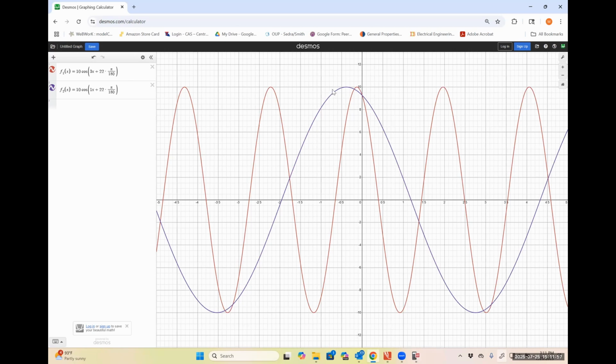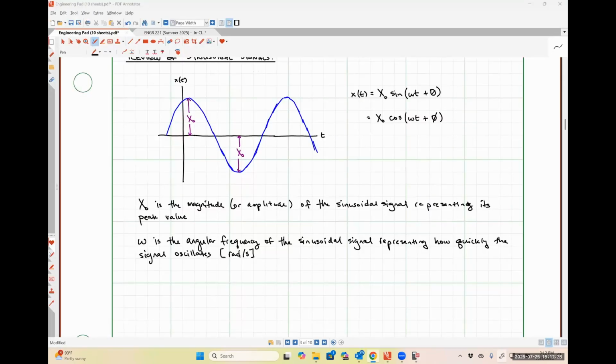We can see that the signal with the angular frequency of 1 radian per second takes a lot longer to go from its negative peak to the next time it hits a negative peak, whereas the red signal, which has an angular frequency of 3 radians per second, does it much faster, right? So the larger the value of omega, the more quickly our signal oscillates, as I mentioned a moment ago. Okay. All right.